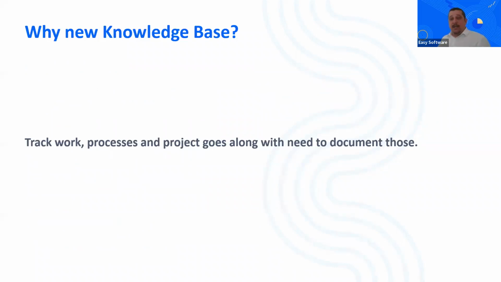And why are we doing it? It's another simple thing. The project management software and knowledge base software simply like each other. In project management tools, we are used to tracking the work, tracking processes and projects, formalizing the work.